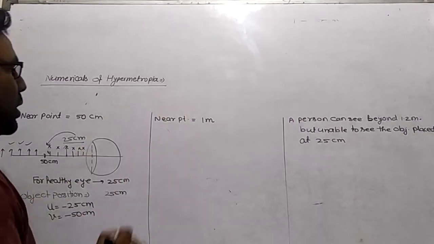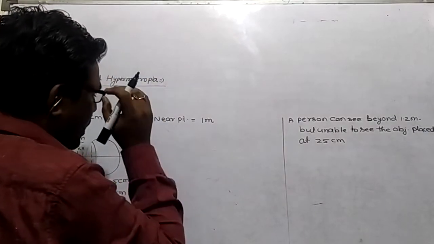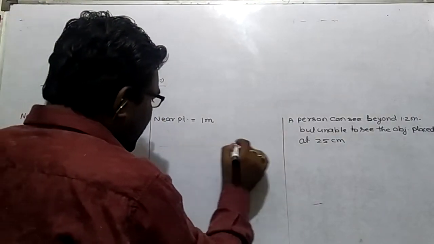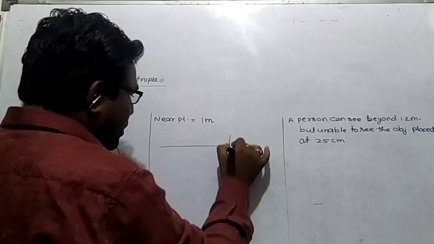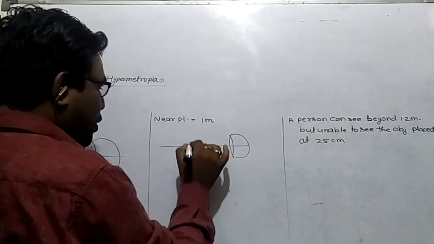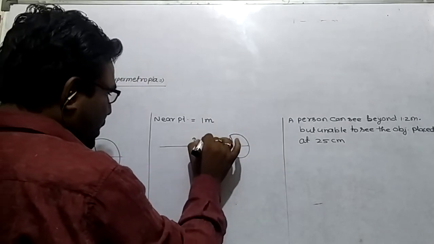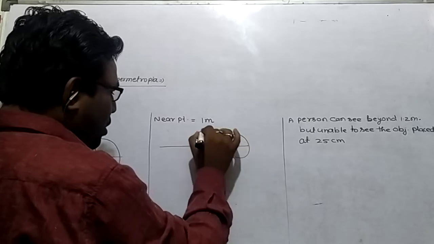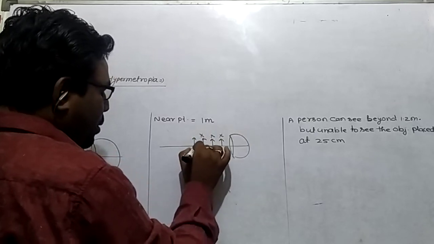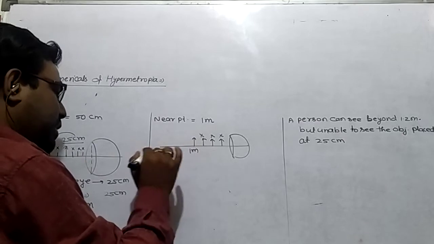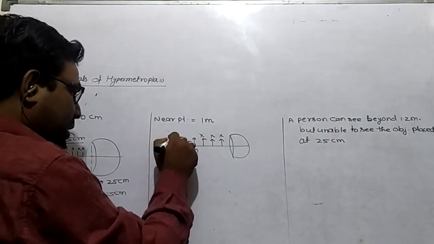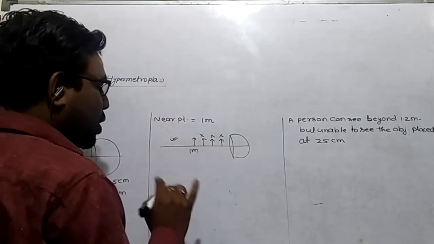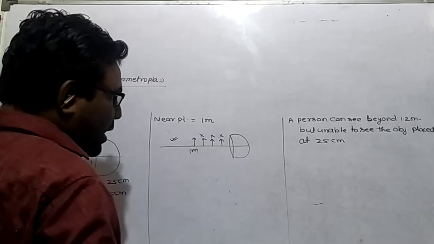Now the next question. Near point is 1 meter. It means when the object is placed within 1 meter, it is not seen clearly, beta. But when this object is placed beyond 1 meter, it is seen clearly. So where is the object position? It is not known again.